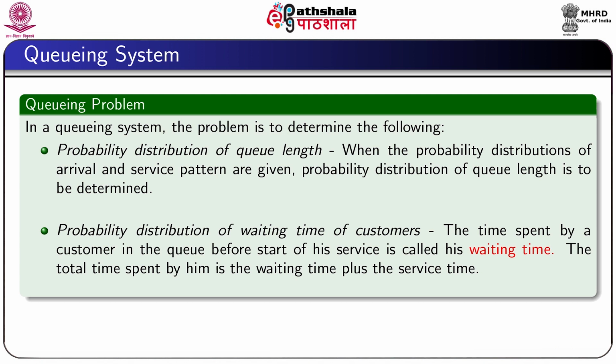When the probability distributions of arrival and service pattern are given, the probability distribution of queue length can be determined. Probability distribution of waiting time of customers. The time spent by a customer in the queue before the start of his service is called waiting time. The total time spent by him is the waiting time plus service time.